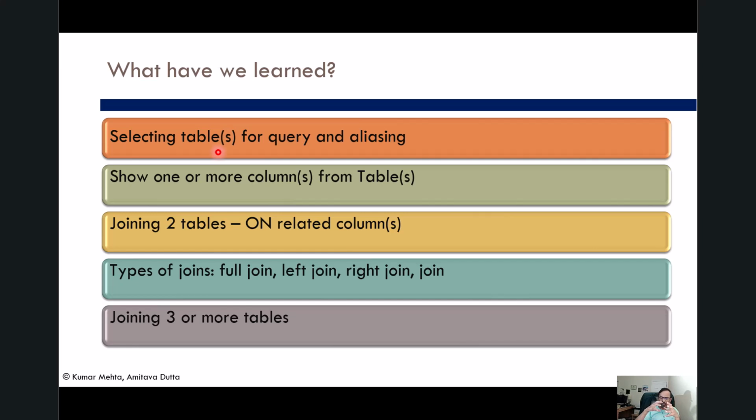And then we spent a fair amount of time on joining tables, because if you're going to extract information based on more than one table, you'll have to do at least one join. There are different types of join, and we looked at what they were: full join, left join, right join, and then tried to have a discussion of how one goes about joining three or more tables.